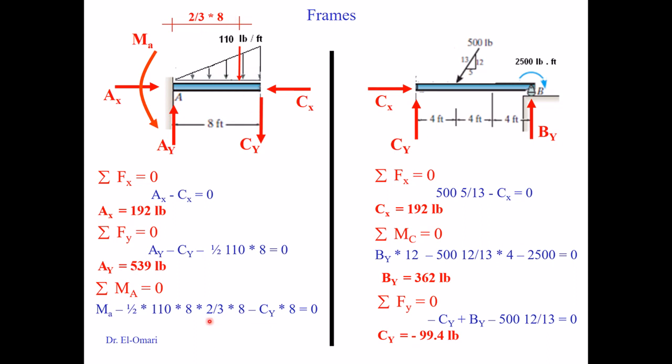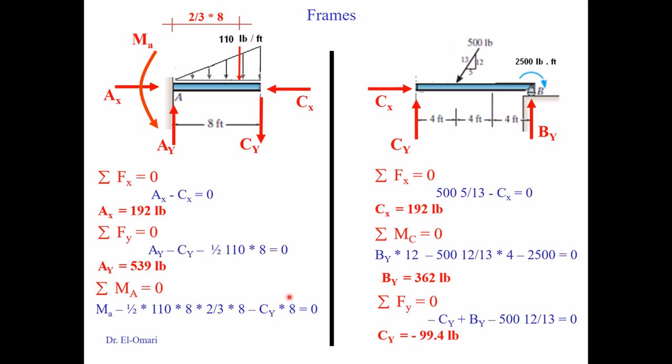So this is 2/3 times 8, that's the moment arm. So you have, this is the resultant, this is the moment arm, and rotating clockwise negative. And then finally you have the Cy, and then multiply it by 8, rotating also clockwise negative.